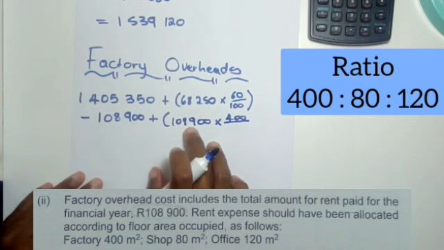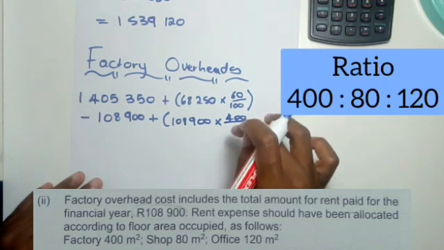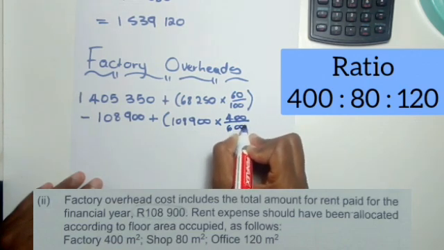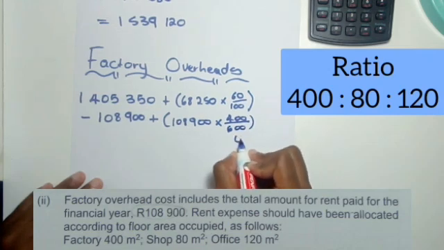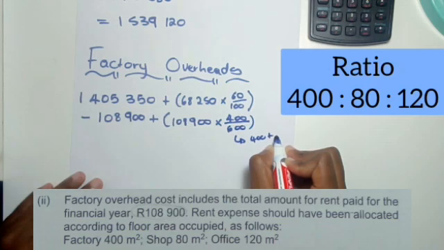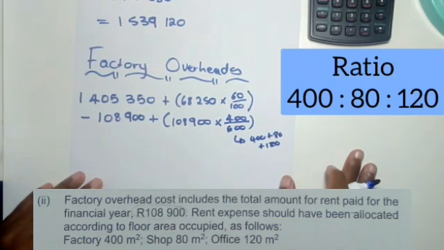So we are going to say I'm only looking for the 400 out of everything. Everything is you adding 400 plus 80 plus 120, and it gives you a total of 600. How did we get it? This is just in case you forget, 400 plus 80 plus 120. That's how we got the 600.